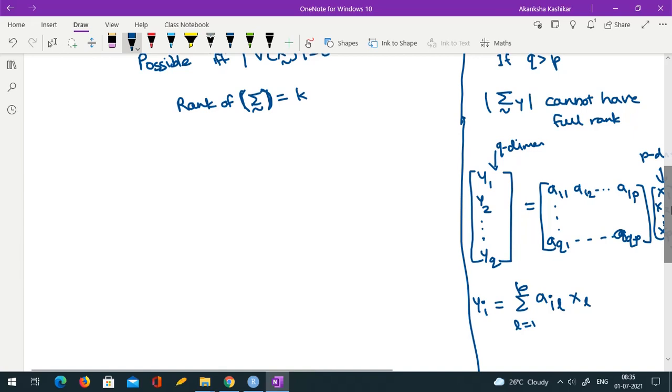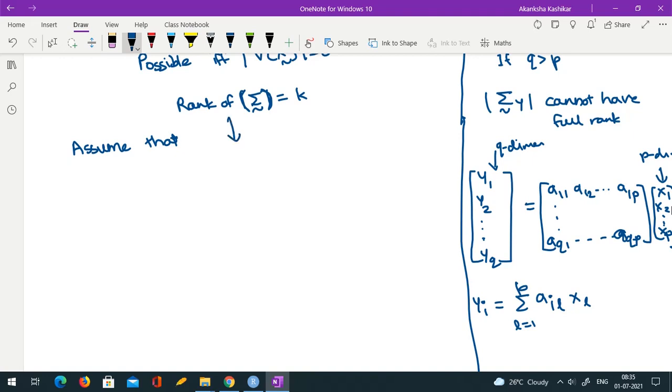So for the sake of convenience, let me assume that the rank of sigma is k. Is it clear why we need the rank to be k? Because only then can we express a vector as a linear combination of a vector of smaller order.